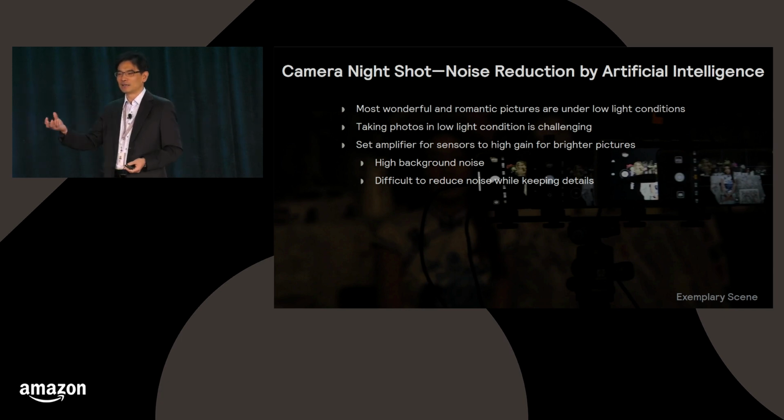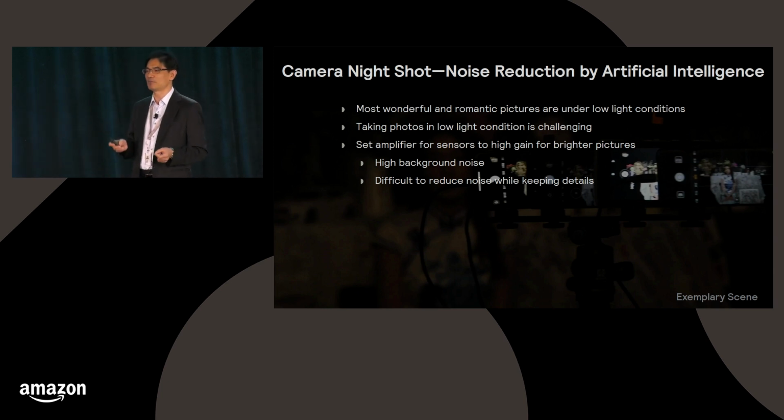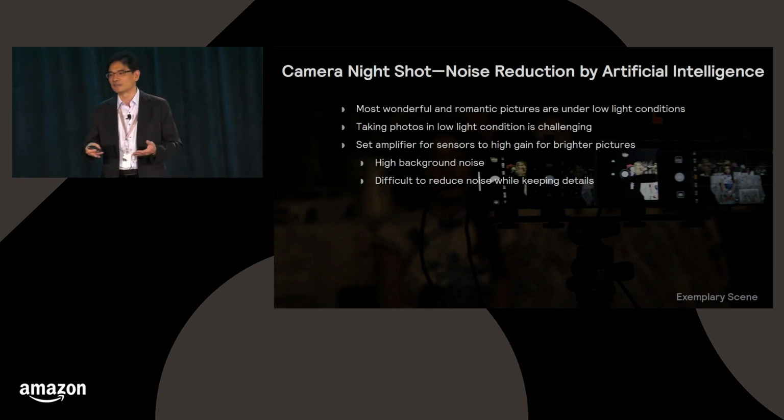So the amount of light received by the sensor is very low, especially in low light conditions. So generally, the system needs to set the sensor amplifier gain to a very high level compared to normal conditions. However, the intrinsic noise of the sensor is amplified at the same time.